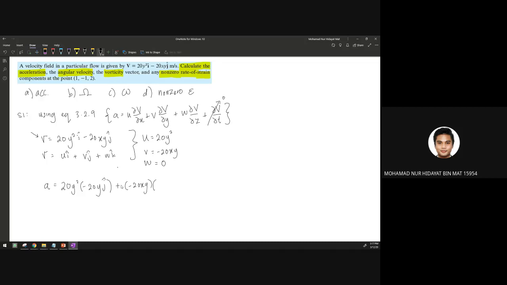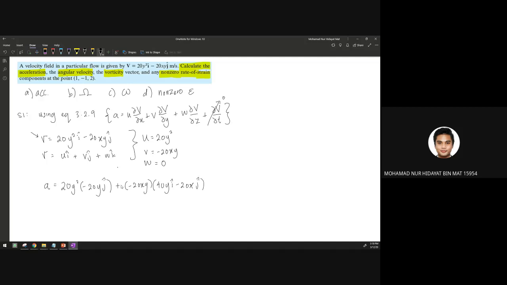Differentiating 20y squared, the power goes to the front, 40y. Make sure to leave it as the i component. Then differentiating in terms of y becomes negative 20x j.